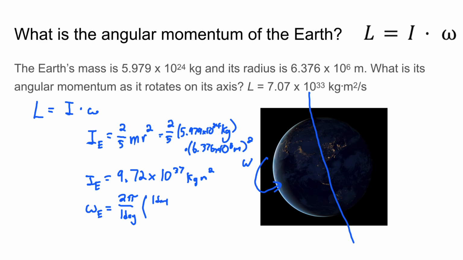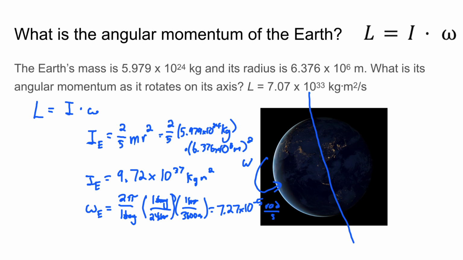If we set that up into seconds, 1 day is 24 hours, and for every 1 hour we have 3,600 seconds. So we can convert into radians per second: 2 pi over 24 hours over 3,600 seconds gives 7.27 times 10 to the negative fifth radians per second. We canceled out our days and hours, and we're left with just radians on top and seconds, though again, radians isn't really a unit.